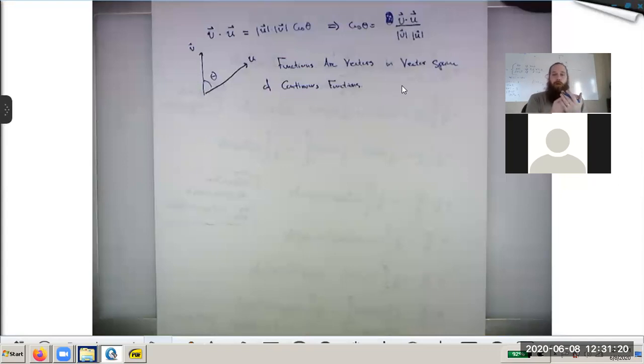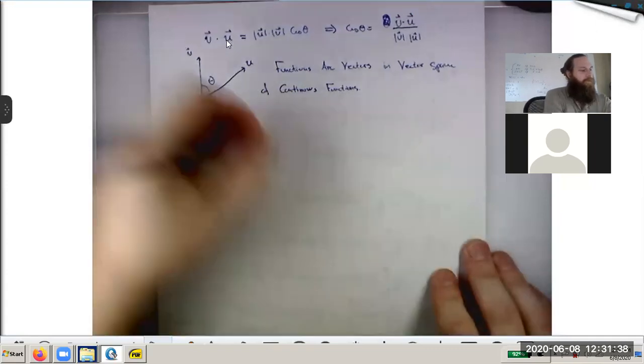I can add two continuous functions, I get another continuous function. If I multiply a continuous function by a constant, I get another continuous function. So the space of all continuous functions is a vector space. There is a notion of a dot product in the vector space of continuous functions, and it's the integral.